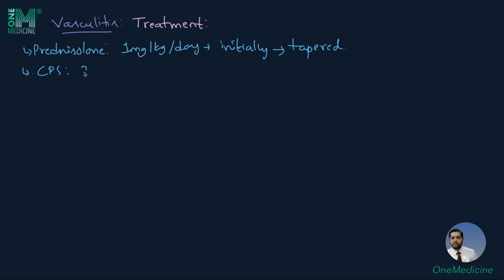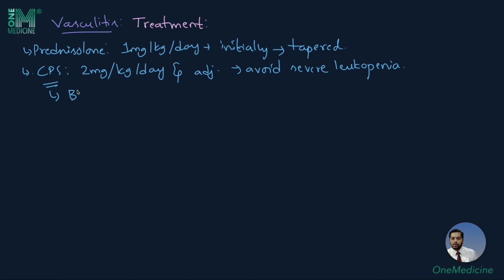Cyclophosphamide is usually given in the dosing of 2 milligram per kg per day and adjusted to avoid severe leukopenia. Patients taking cyclophosphamide are at a very high risk of bladder toxicity, and hence these patients should be advised to take large amounts of water, especially in the morning.